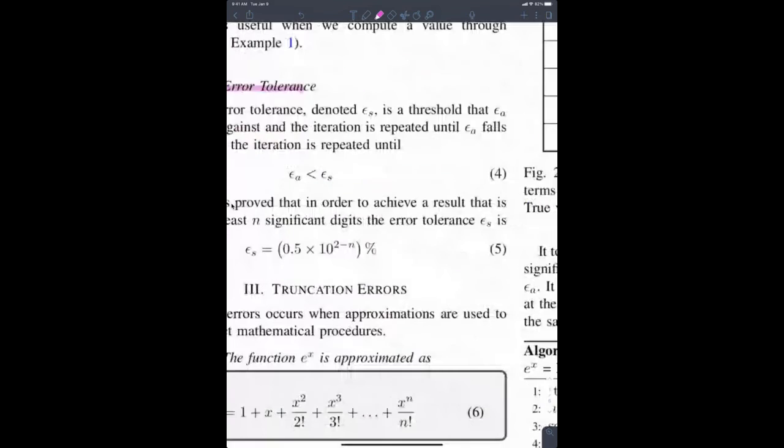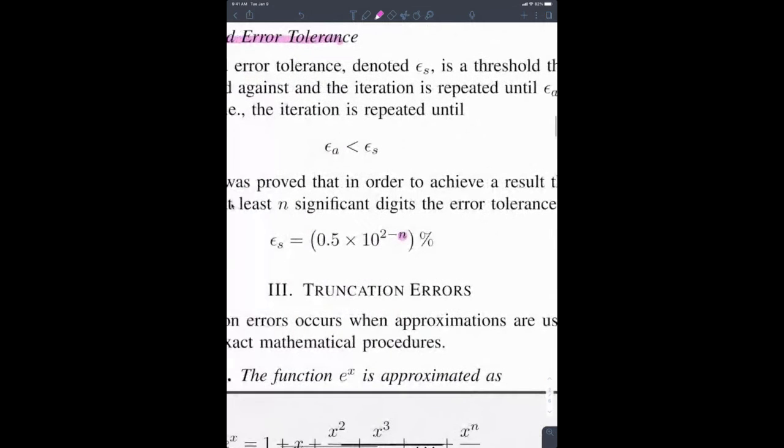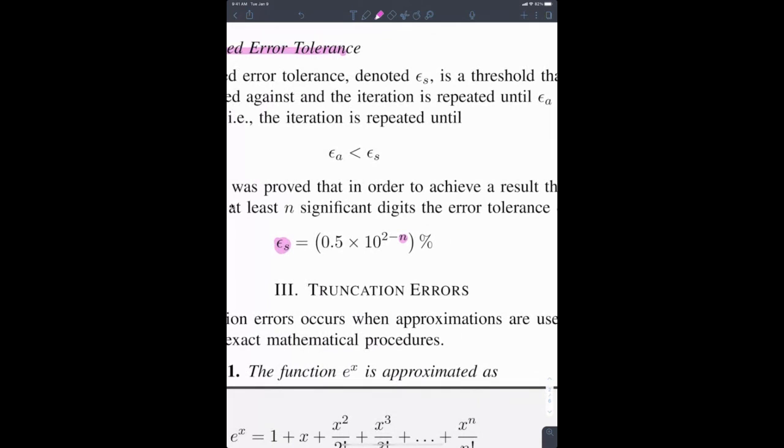The important thing is the specified error tolerance. Let's say we are doing some iterations and we want to make sure the number we get is accurate to n significant digits. Then you have to iterate up to this point.